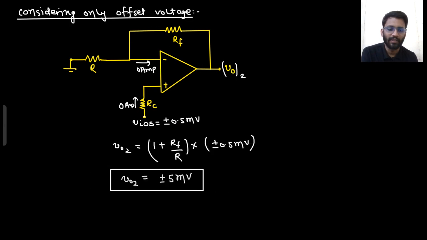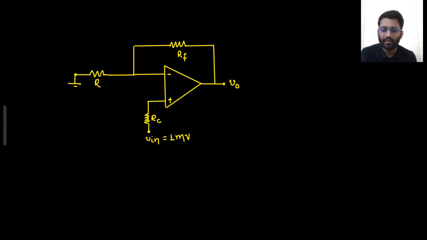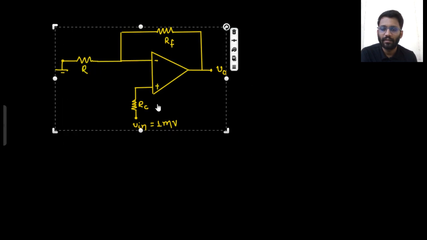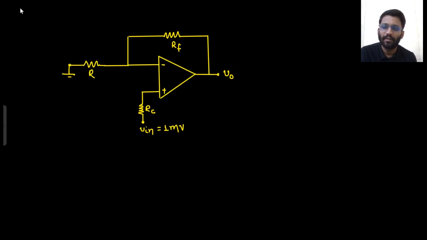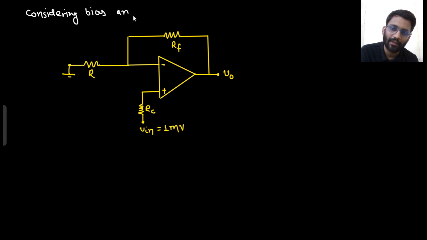And now what is the third one and the last one? That is considering bias currents, bias and offset current.